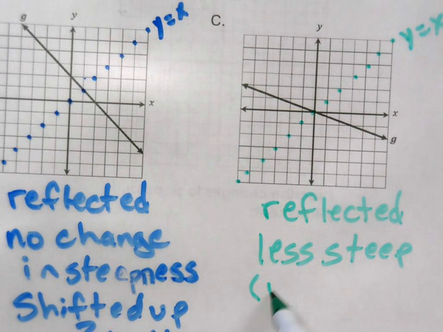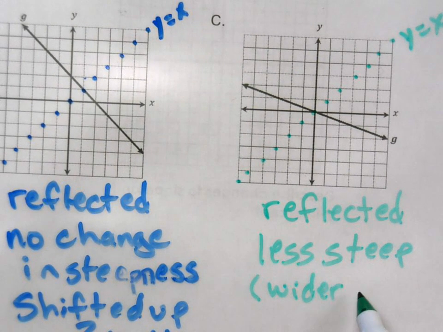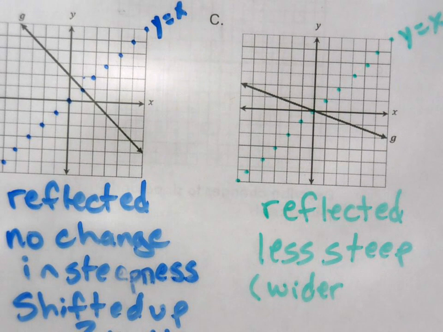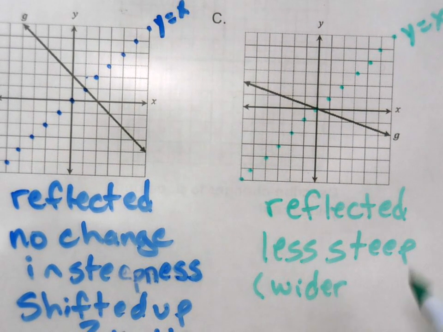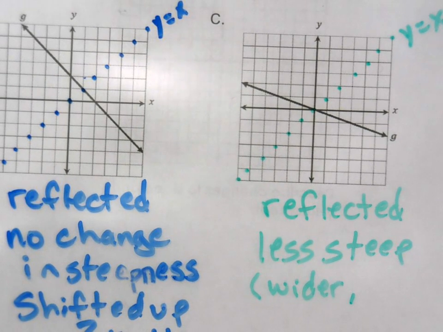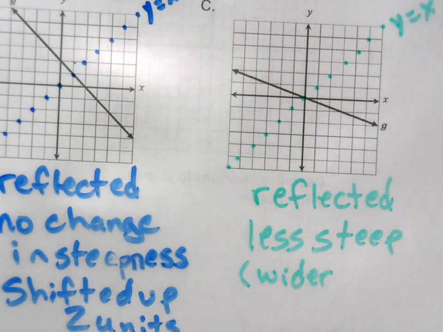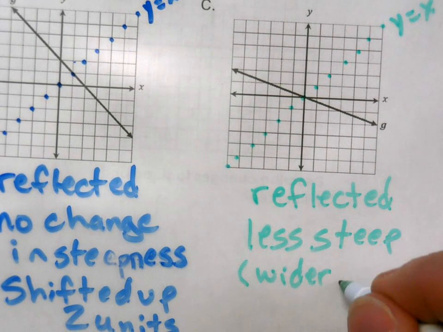Again, this is where you could also say that it's wider. Okay. It's wider. We don't like to use the word shorter, but sometimes that's what would be said.